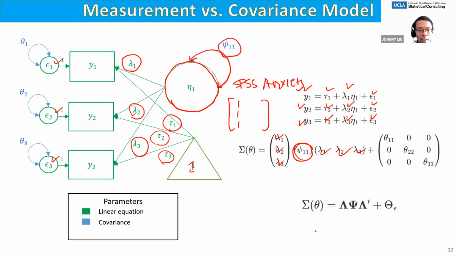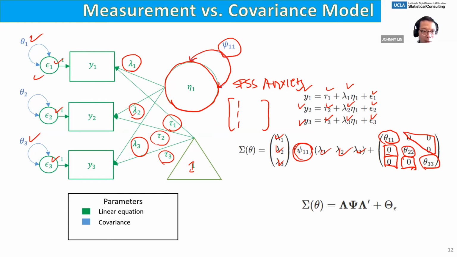Okay, what's left in blue? We have the covariance of the residuals, that covariance matrix. Remember that the diagonals are the variances. So I have 3 variances of the residuals, 1, 2, and 3. What does it mean when I have 0 on the off diagonal? Remember, it's symmetric, so the upper triangle is the same as the lower triangle.